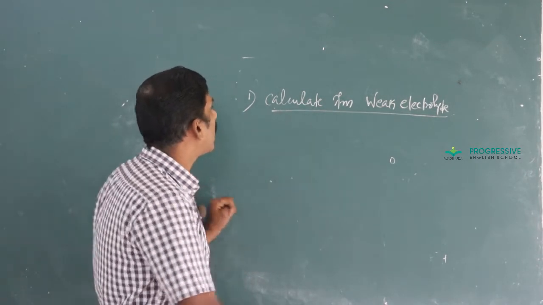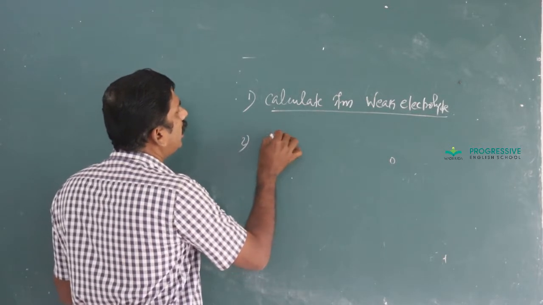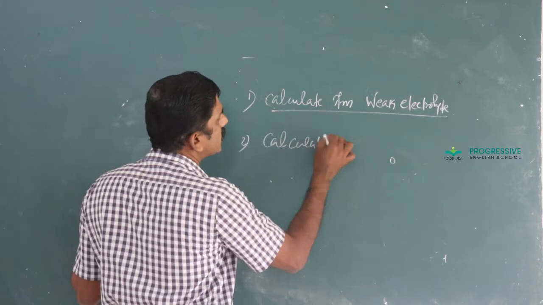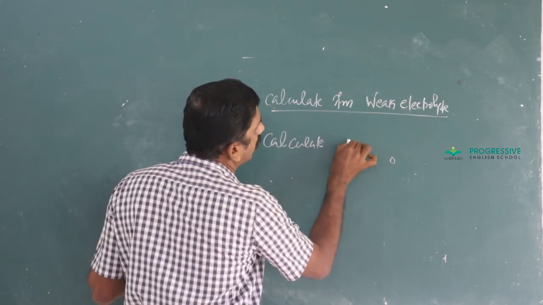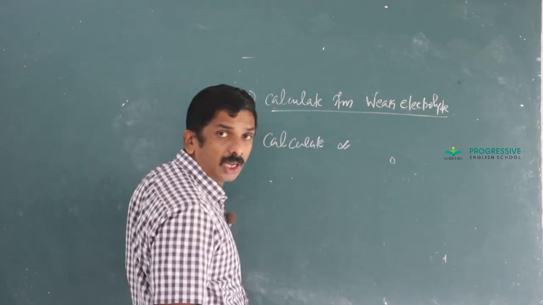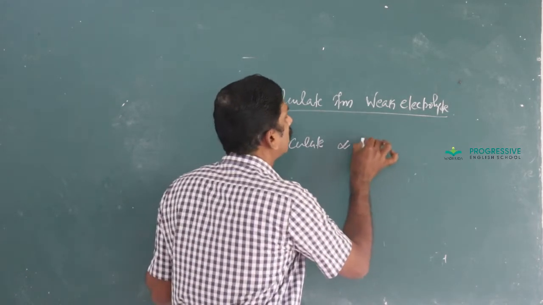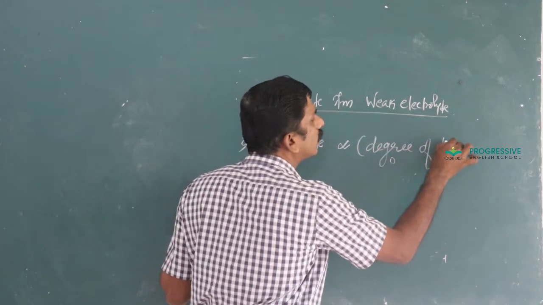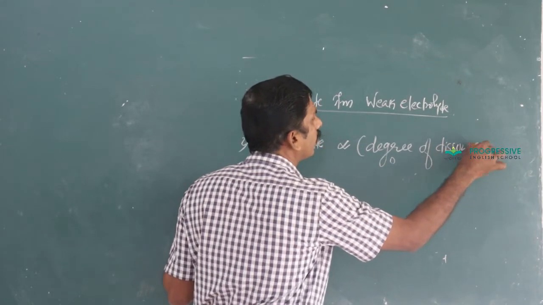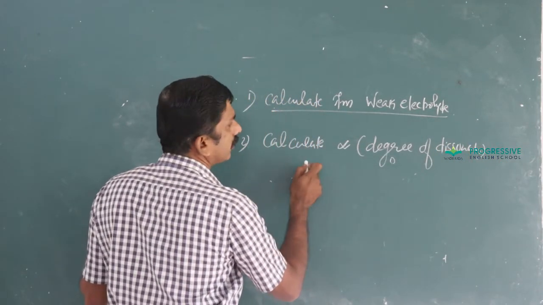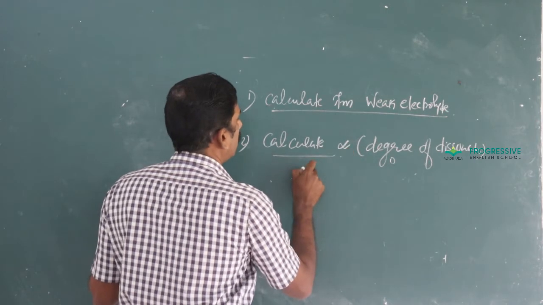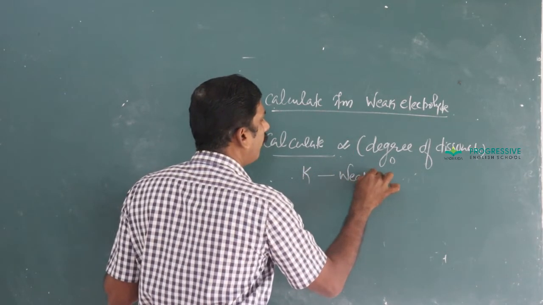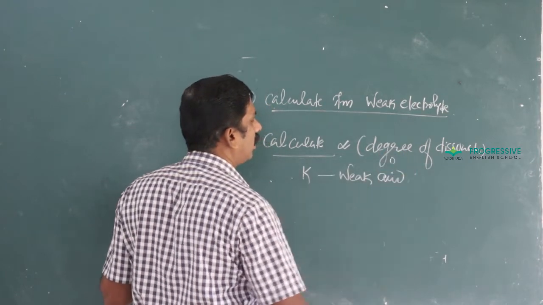And the second application is it helps to calculate the degree of dissociation alpha, and the dissociation constant K for a weak acid.